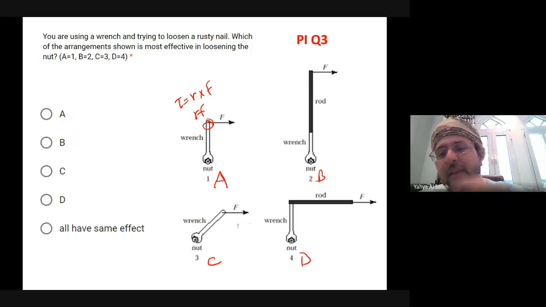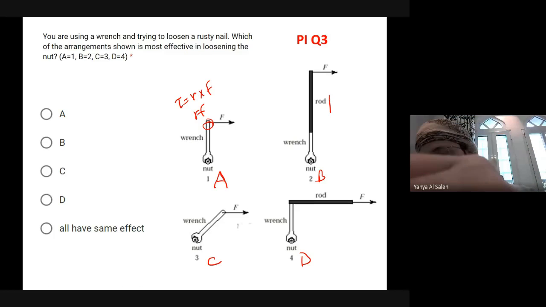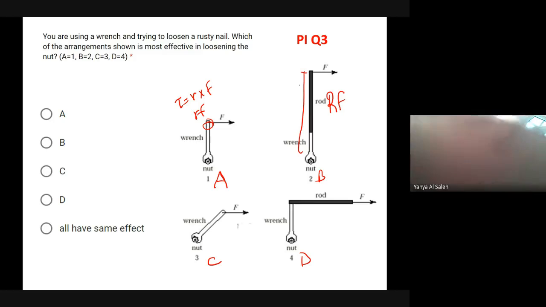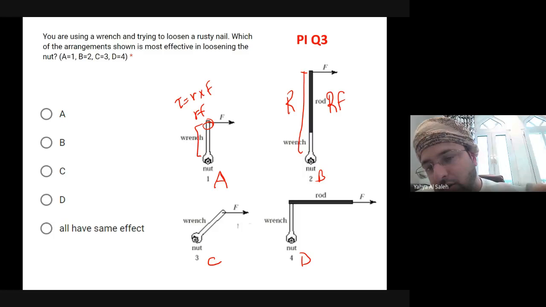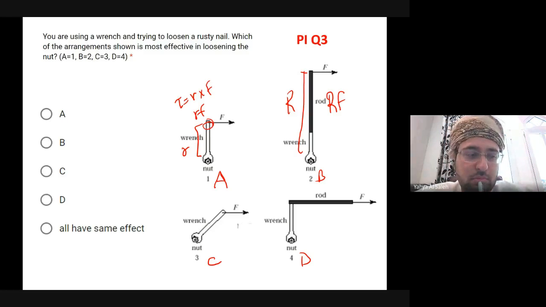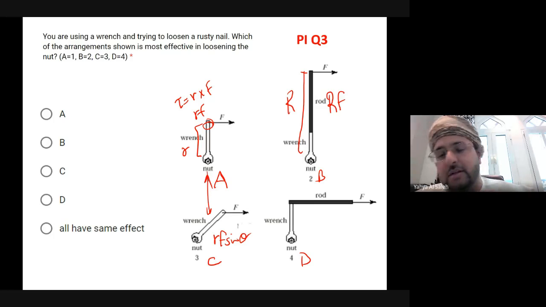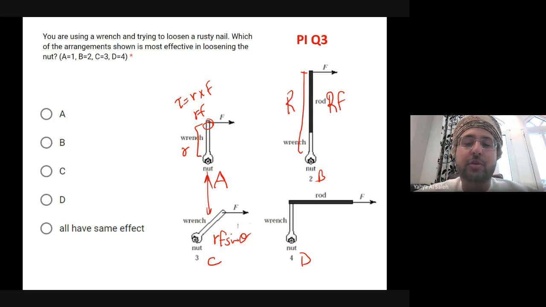For B, it's the same thing, but my R is way bigger than the R here. In C, A and C have the same R, so I'm going to have RF sine theta. Theta is not 90, so it's going to be less than A.